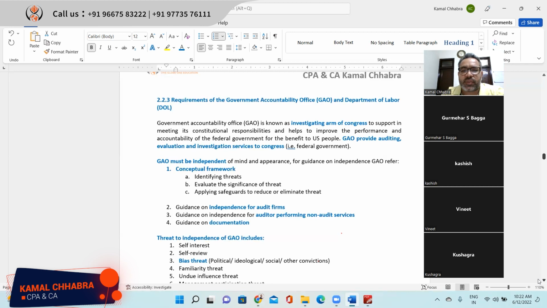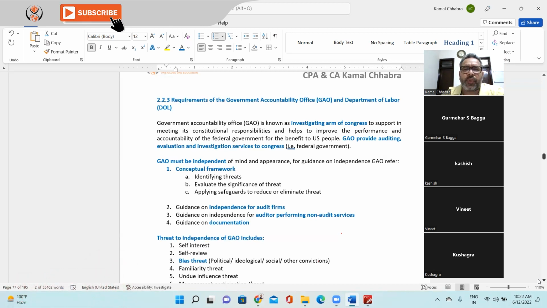GAO must be independent in mind and appearance whenever GAO or their cognizant agency teams perform the audit of those entities, NGOs, trusts, societies, or churches that have received government grants.